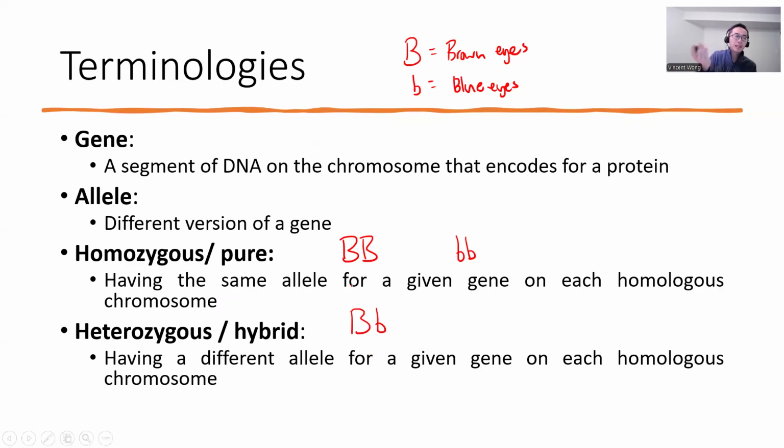Then you have a question like, is this person going to have brown eyes or blue eyes? Well, it depends on which allele, the big B or the small b, is dominant and which one is recessive, which is something we'll get into in just a second.